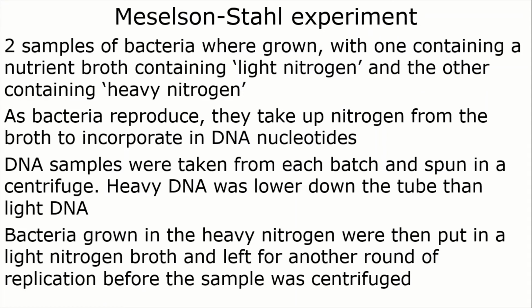So the bacteria that was grown in the heavy nitrogen were then put in a light nitrogen broth and left for another round of replication, and then that sample was centrifuged.